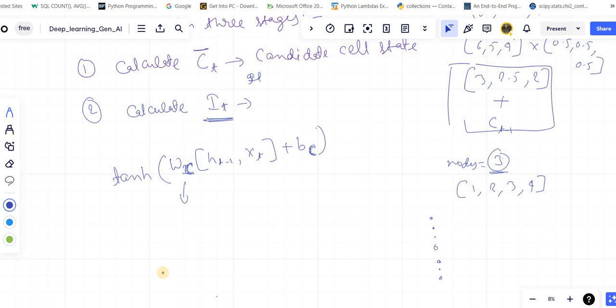And now as 3, in tanh there will be tanh, tanh, tanh, and this all will be connected.